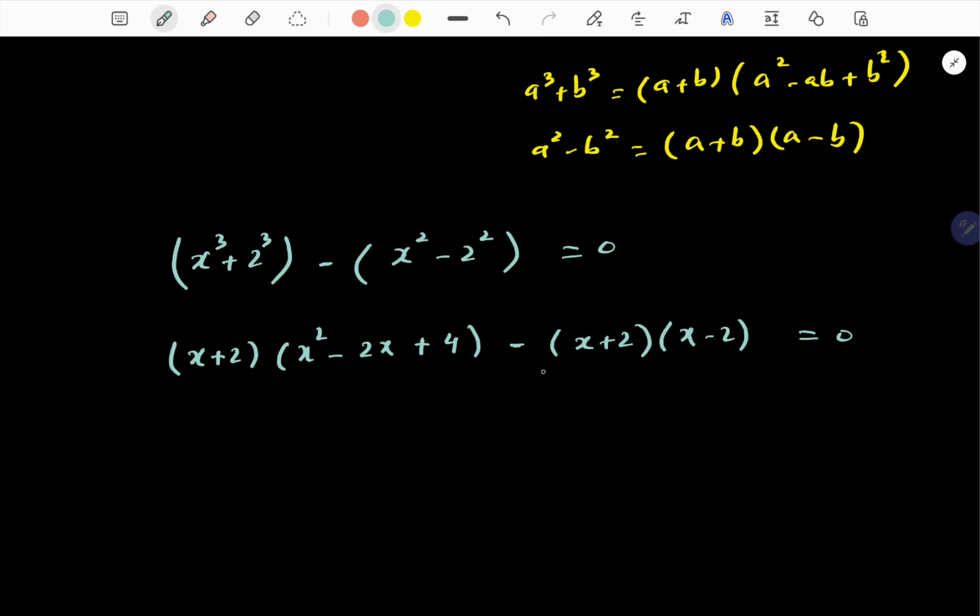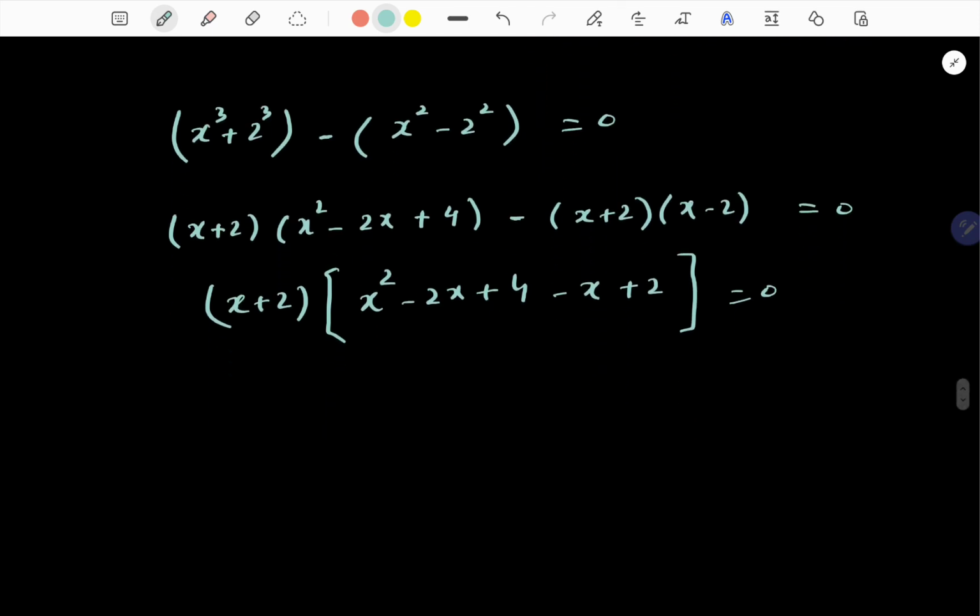So in both these terms, x plus 2 is common. So x plus 2 is a common factor. We can take it outside. Here we will have x square minus 2x plus 4, and this minus and x minus 2, minus x plus 2, that is equal to 0.